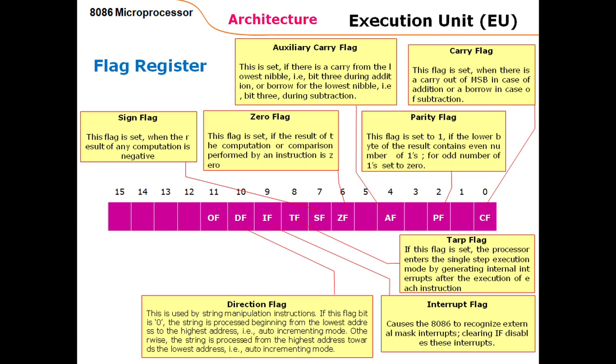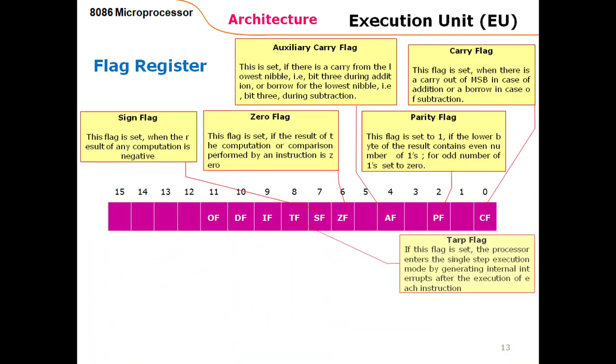So this flag is extensively used during string instruction when, for example, the data is to be moved from the data segment to the extra segment. Then the destination index and the source index registers are used to provide the offset addresses, and their incrementing or decrementing mode can be set using the direction flag.